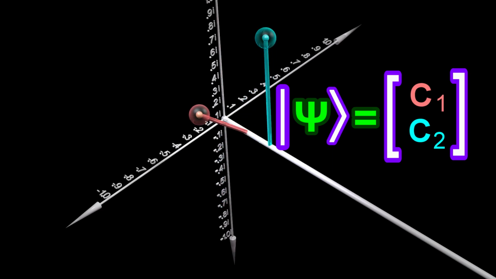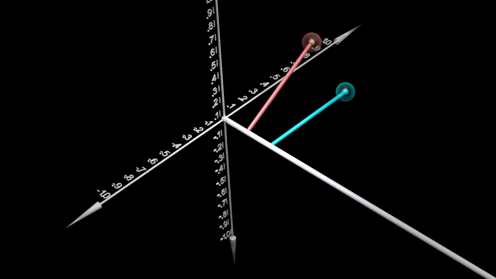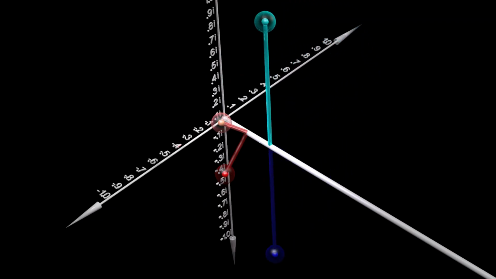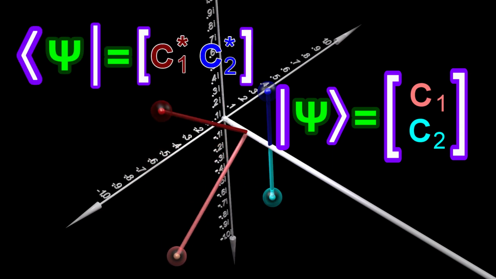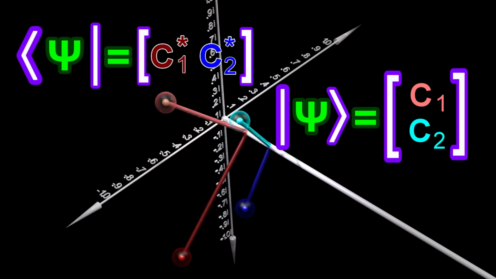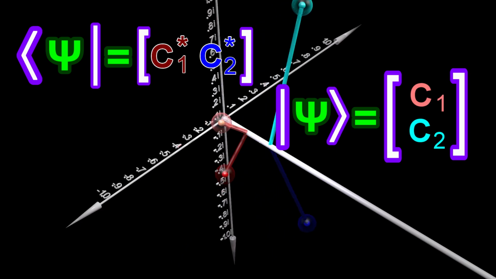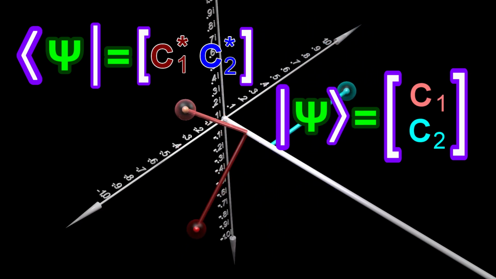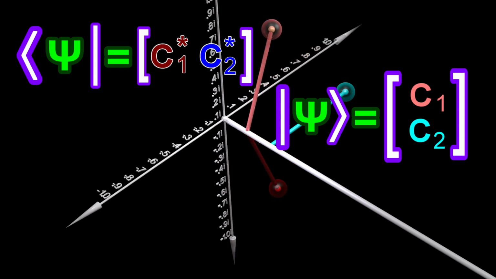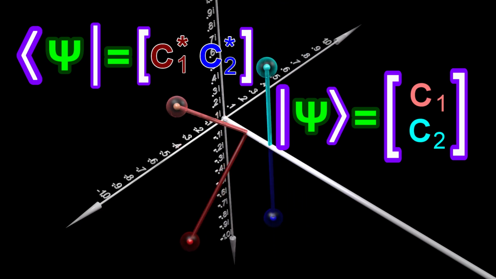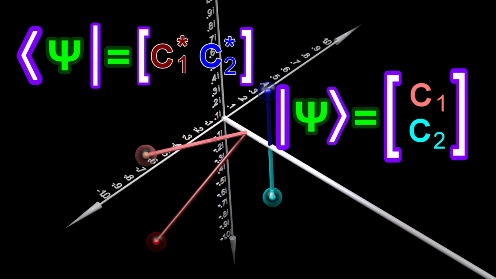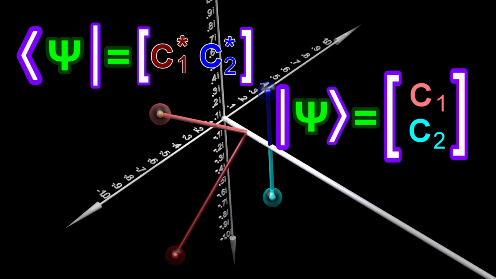The magnitude of C2 is equal to the length of the blue line. Let us signify the complex conjugate of C1 by the variable C1 with a star after it. Let us signify the complex conjugate of C2 by the variable C2 with a star after it.